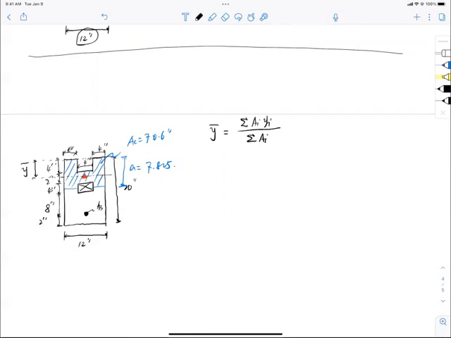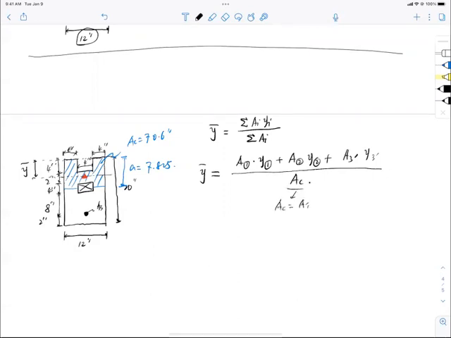So y bar equals A1 Y1 plus A2 Y2 plus A3 prime Y3 prime divided by AC. Why AC? Because it equals this plus that plus this.